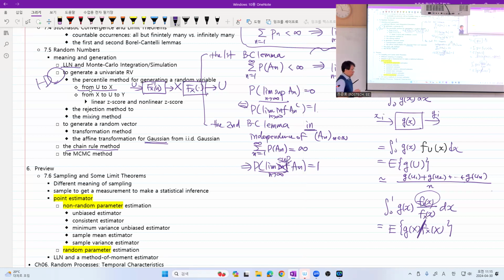You just start from IID Gaussian, and then from the very simple lemma that any affine transformation of a Gaussian random vector is a Gaussian random vector, you just try to find a good affine transformation that gives you the desired distribution.